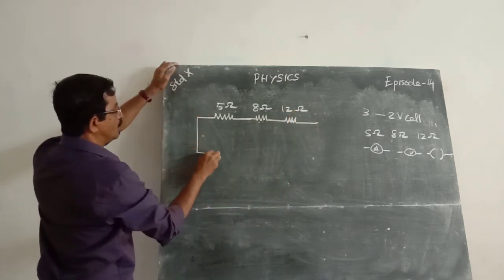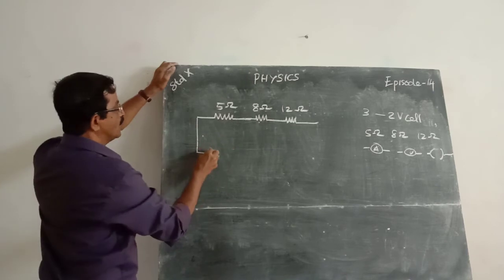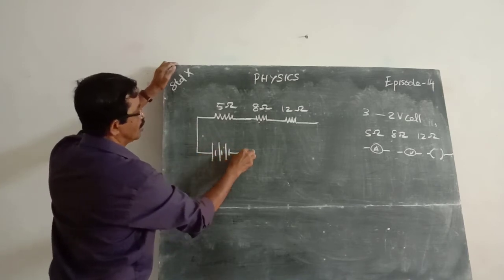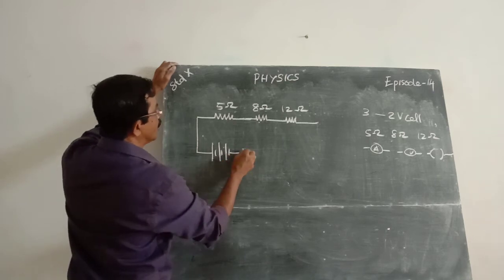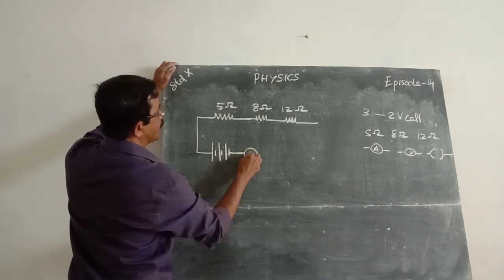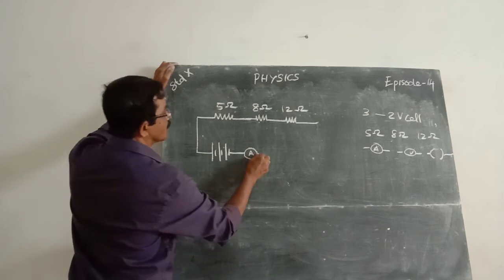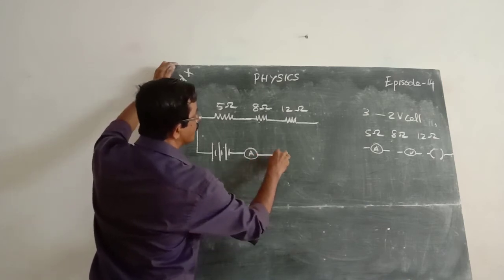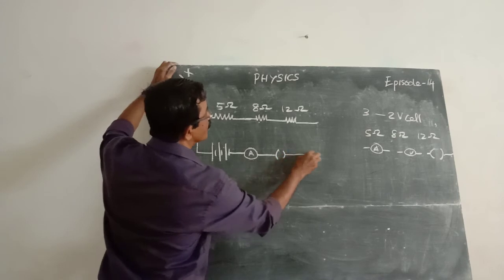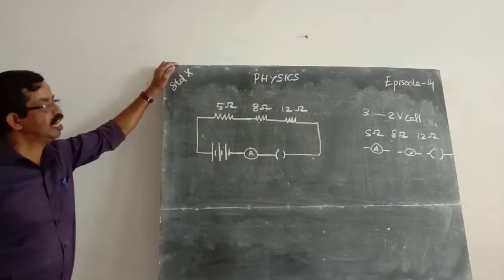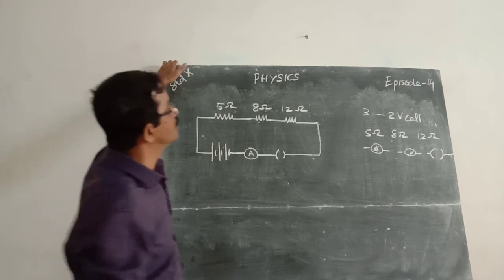Now to these, connect the three 2-volt cells. The ammeter you can connect anywhere. Here you connect the ammeter, and here the plug key. These are all in series. Now what are the things you included?